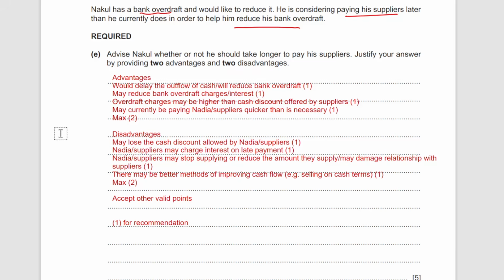May lose the cash discount allowed by Nadia or the supplier. So any supplier basically. Nadia or other suppliers may charge interest on late payments, may stop supplying, damage relationship, and so on. There may be better methods. Exactly, that's what we mentioned. There should be better methods. If you're struggling financially, get a loan or something, right? Don't pay your suppliers late, isn't it?